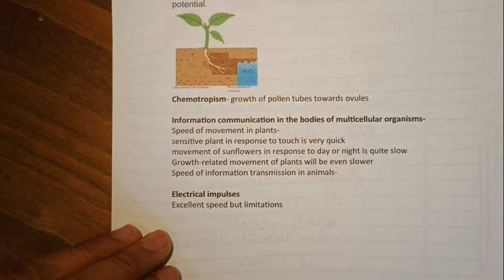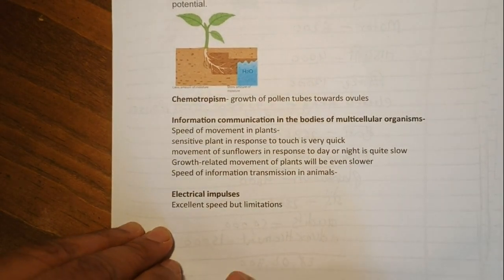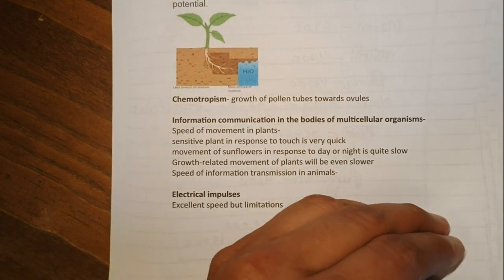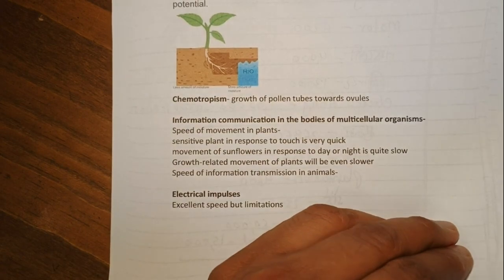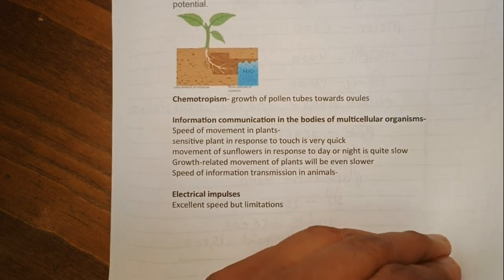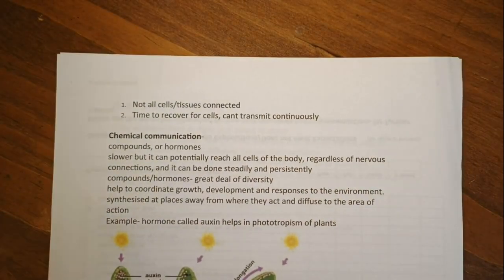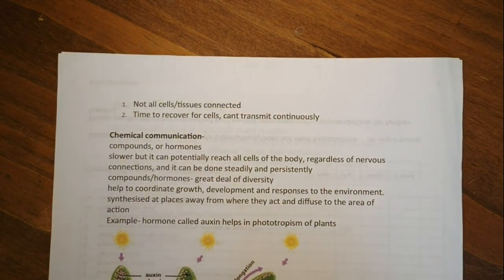Second limitation is once the electrical impulse is generated in the cell and transmitted, the cell will take some time to recover, to reset the mechanism before it can generate electrical stimulus further.